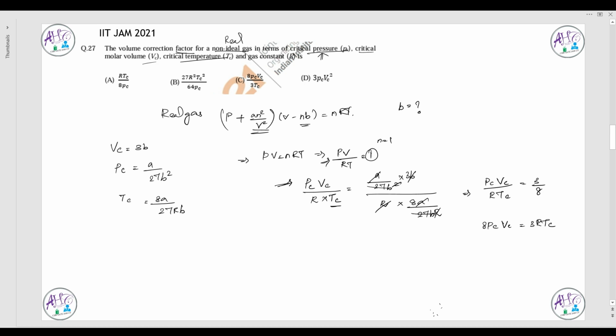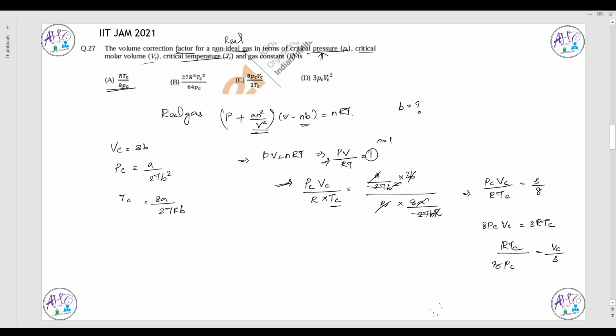Now you can further rewrite this equation. I'm rewriting according to option A. So RTc by 8Pc is equal to Vc by 3.